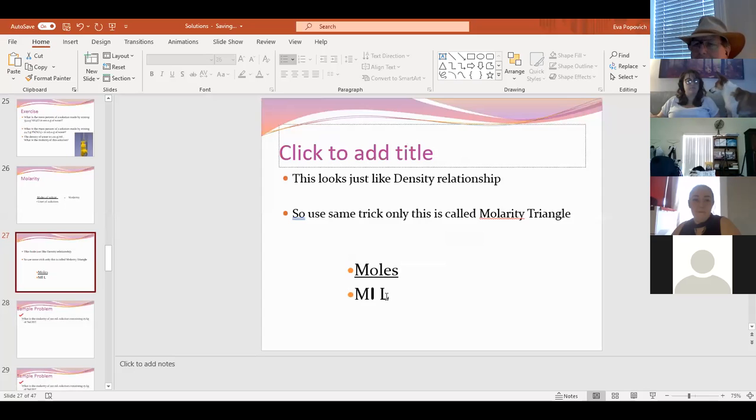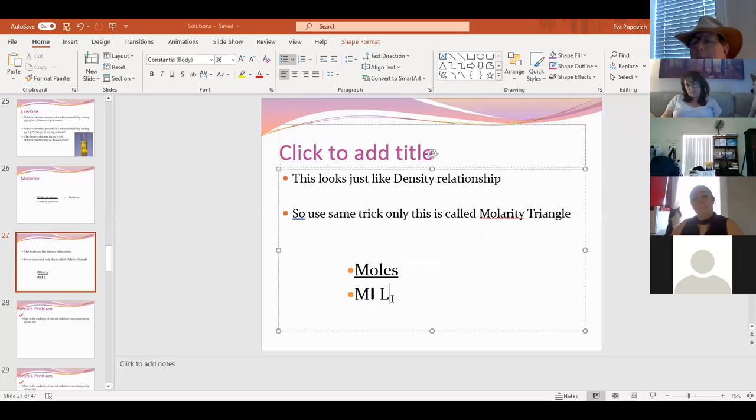Moles divided by liters will give me my molarity. If I have my moles and my molarity, if I divide my moles by my molarity, I'm going to get my liters. If I have my molarity and my liters, since those are both on the same level, I multiply them. Molarity times liters will give me moles.